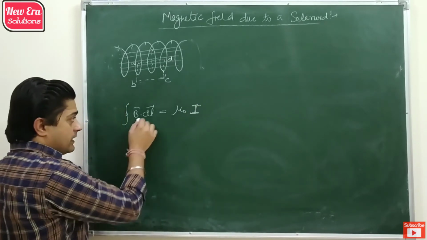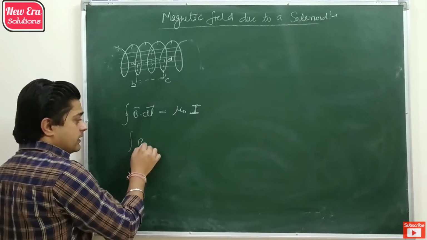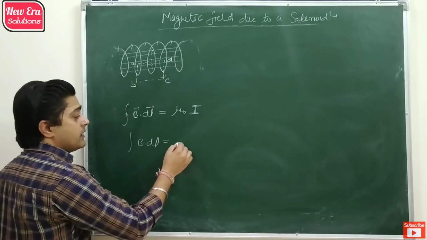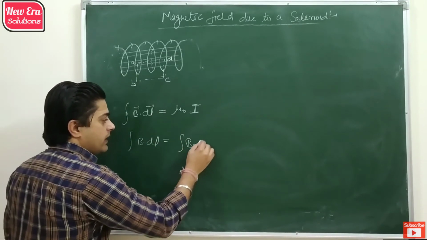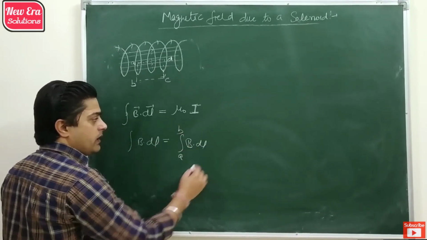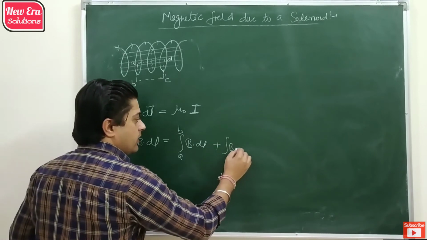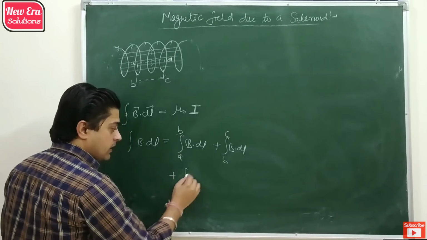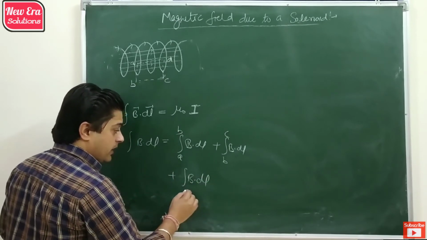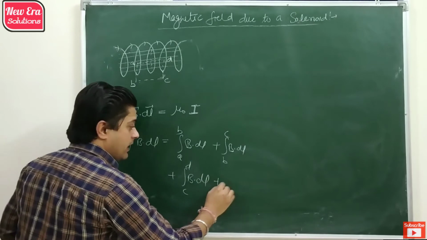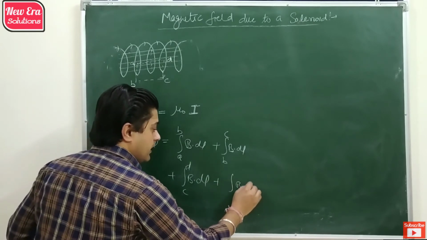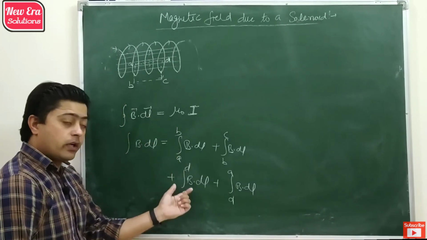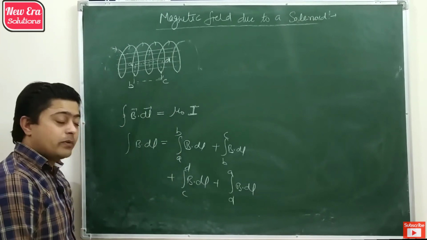Then this B dot dl is obtained for 4 different segments, that is B dot dl obtained from A to B plus B dot dl from B to C plus B dot dl from C to D, and B dot dl from D to A. So we find B dot dl for all the 4 assumed segments.